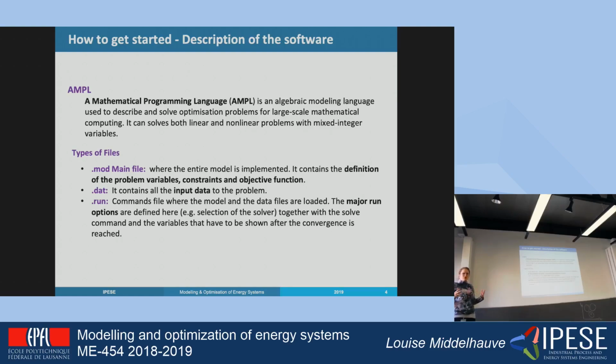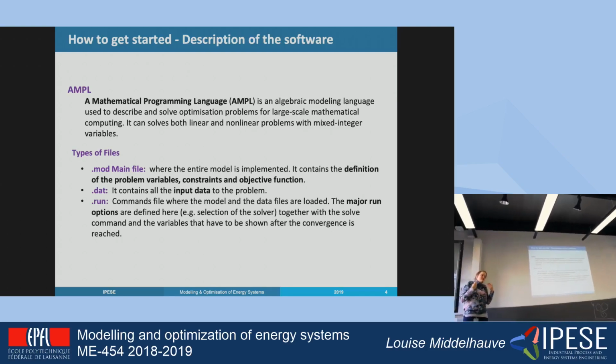So you set up your model in the .mod file, and then you can give input into different parameters. For example, every building has other parameters, but is based on the same model. You would declare these input parameters in the .dat files. And then the third one is the .run file, where you, for example, call the solver, set some solving commands, displaying, printing commands. You could do all that in the run file.